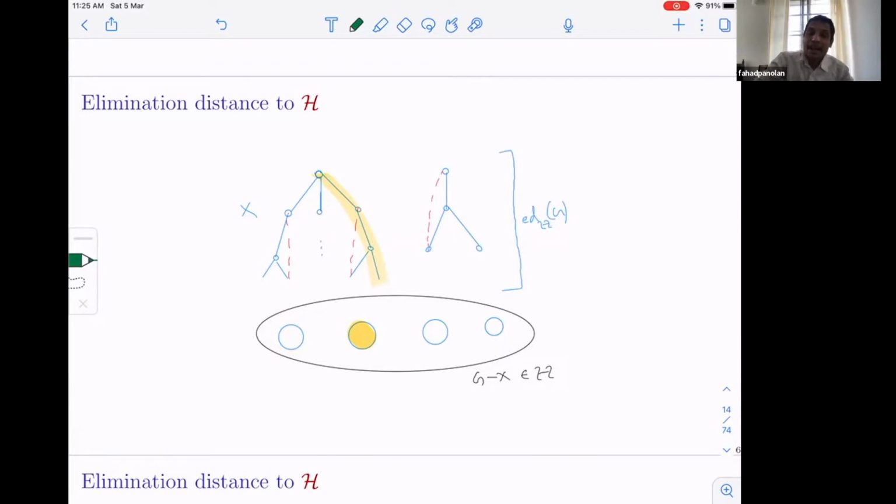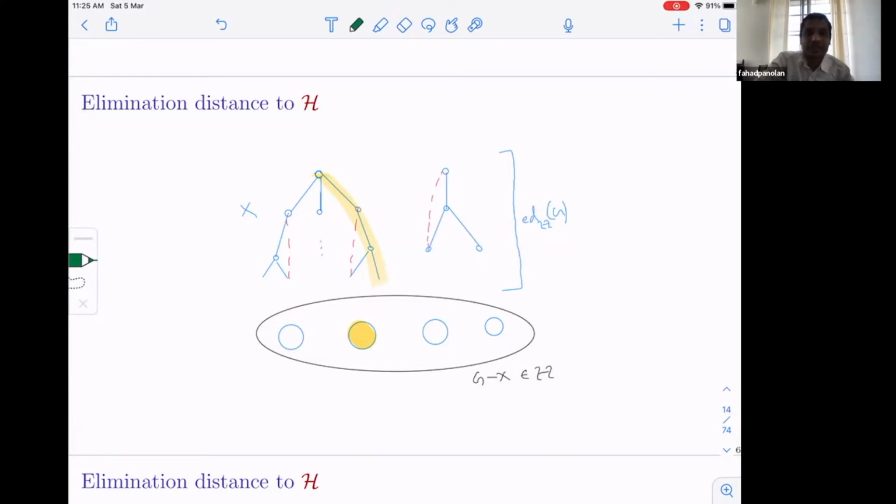Okay, so that is mentioned in this yellow part. And if you take any edge whose both endpoints are in X, then the corresponding vertices in the forest should be in an ancestor descendant relationship.